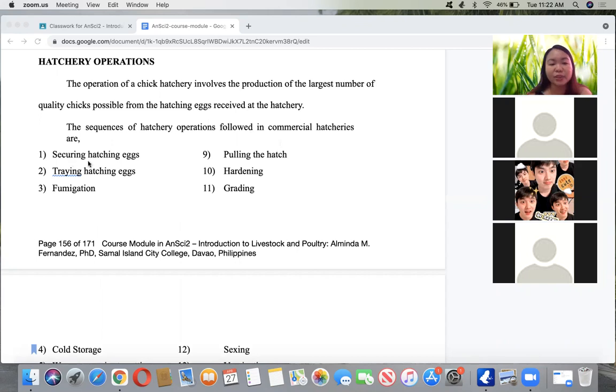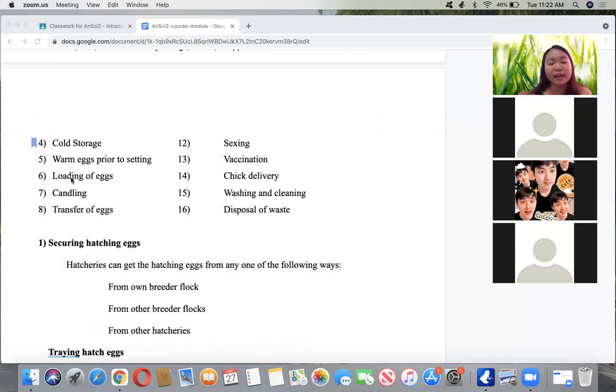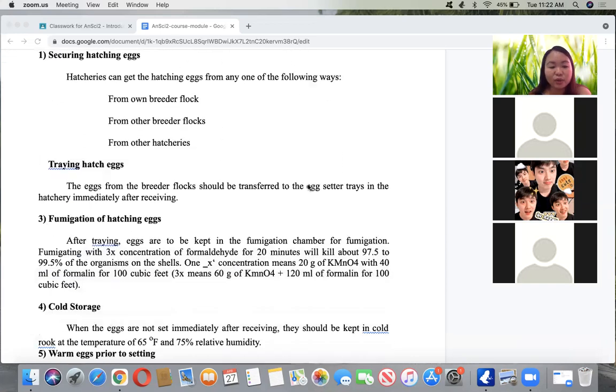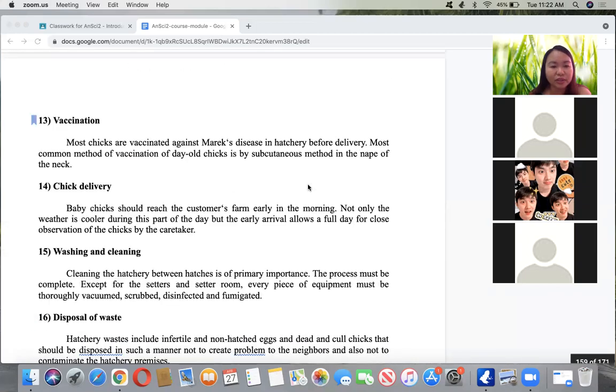We have first securing hatching eggs, second traying hatching eggs, third fumigation, pulling the hatch, hardening, ready, cold storage, warming the eggs prior to setting, loading of eggs, handling, transfer of eggs, sexing, vaccination, chick delivery, washing and cleaning, and disposal of waste. So makikita ninyo sa video mamaya these different operations, no?